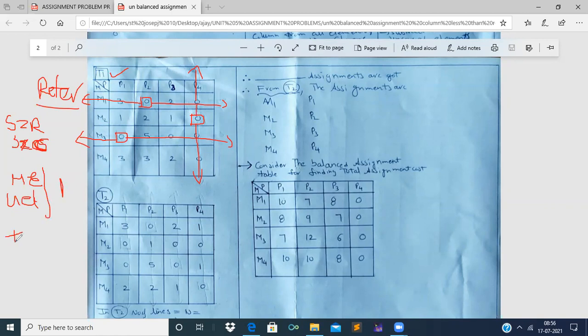We have to add 1 to the elements which are at the intersection part of two lines, and we have to subtract 1 from the elements which are uncovered, that means the elements on which no line is present. So that is what we have to do. Now, let us frame a new table T2.